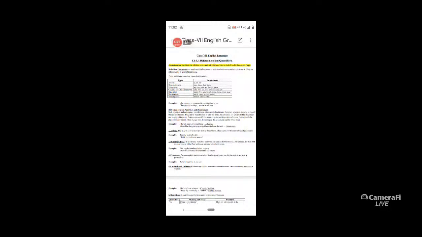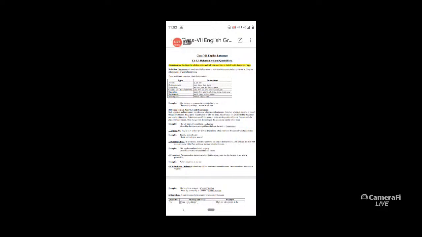These are also determiners, like a and the. Demonstratives are there: this, these, that, those. Possessives are there: my, our, your, his, her, its, their.